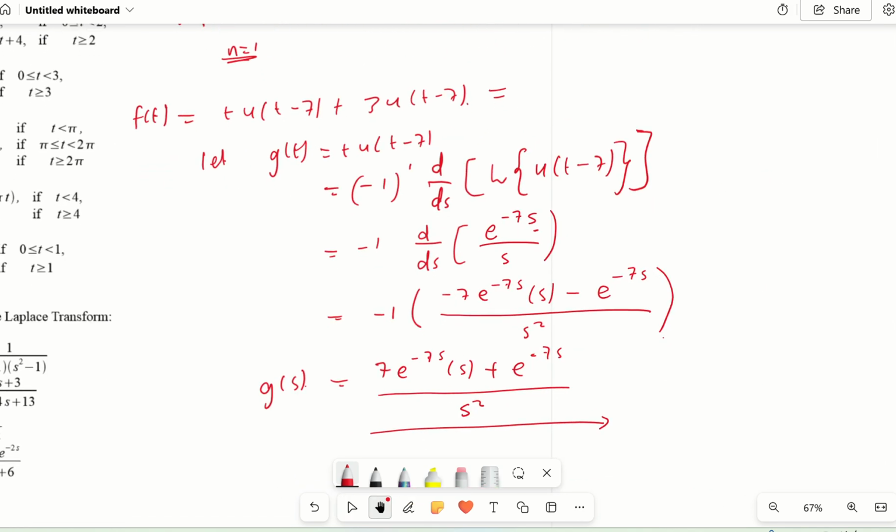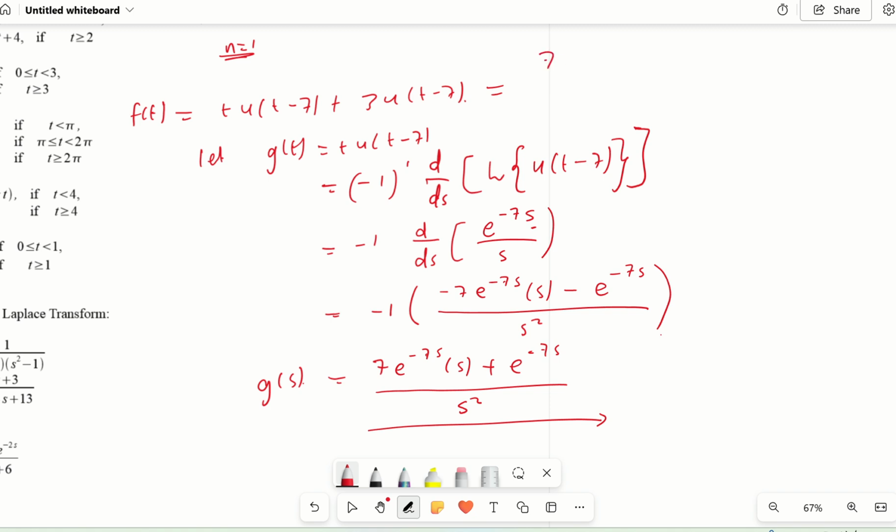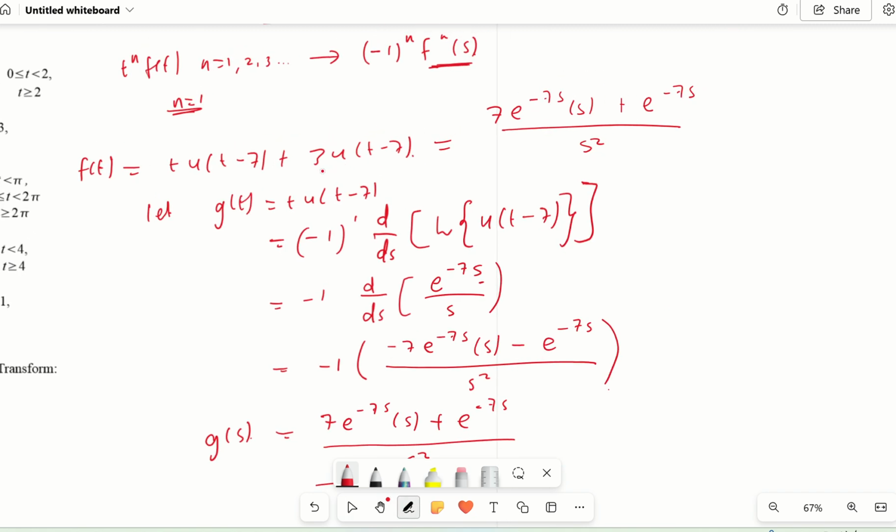This is equal to (7e minus 7s) multiplied by s plus e to the negative 7s, all over s squared. Now, the answer to this is just 3.